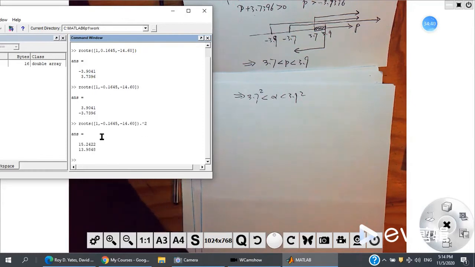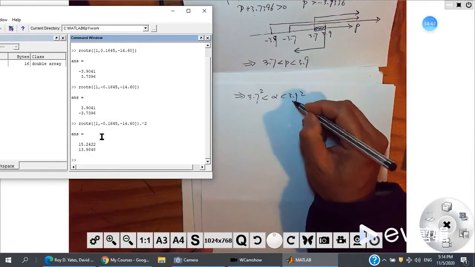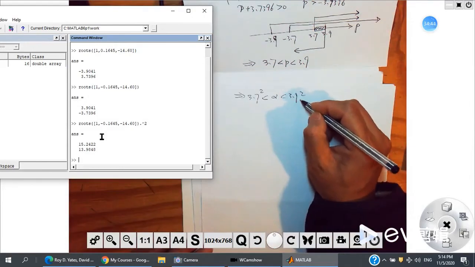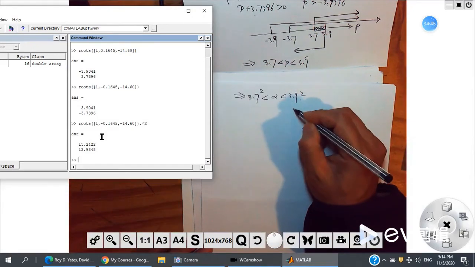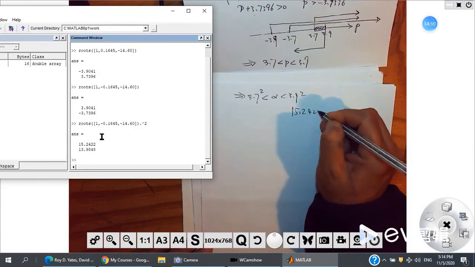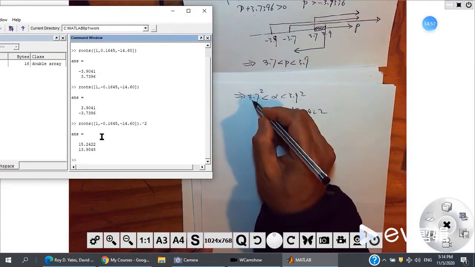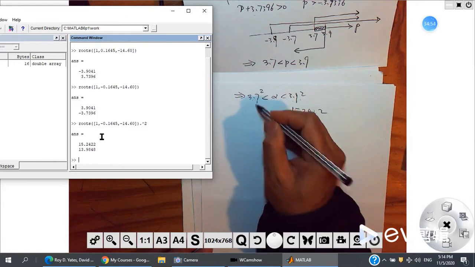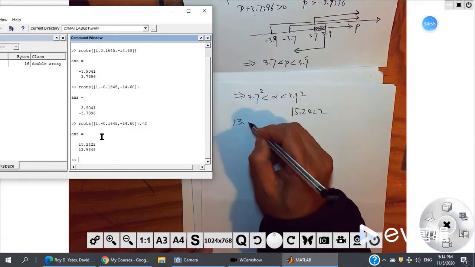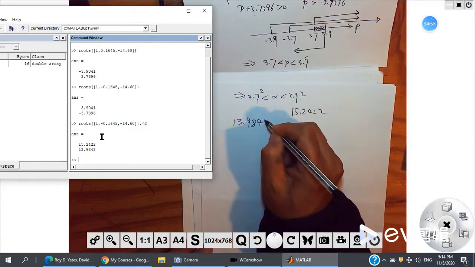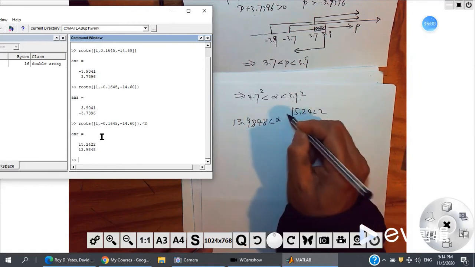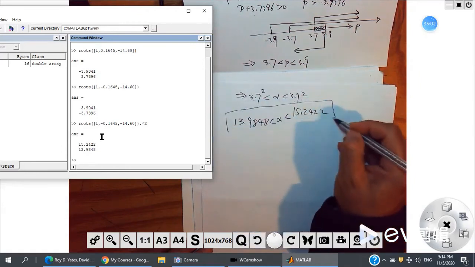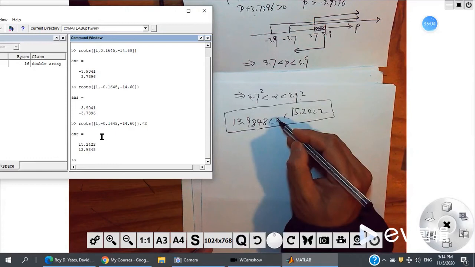Actually this is 3.9041 square, so this should be 15.24022, and this is 3.7 square, that will be 13.9848. Okay, we have an interval estimation of alpha.